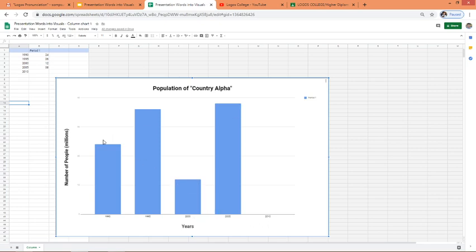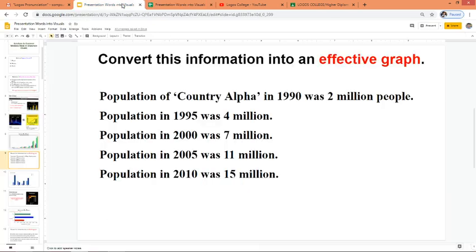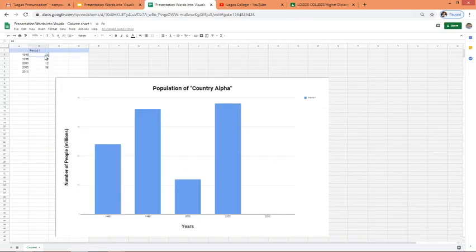All right. So now let's put in our numbers of people in millions. It says 2 million was 1990, 95 was 4 million, 7, 11, and 15. Okay, so you come here. This was 2 million.